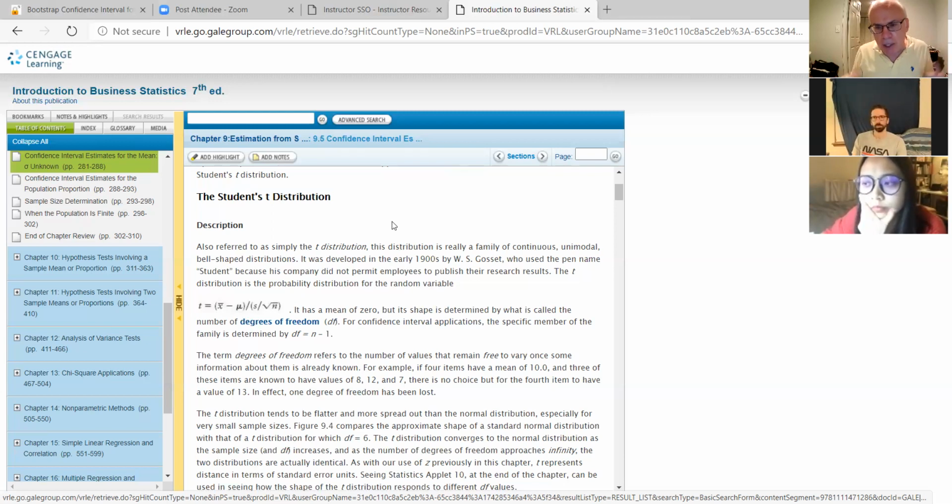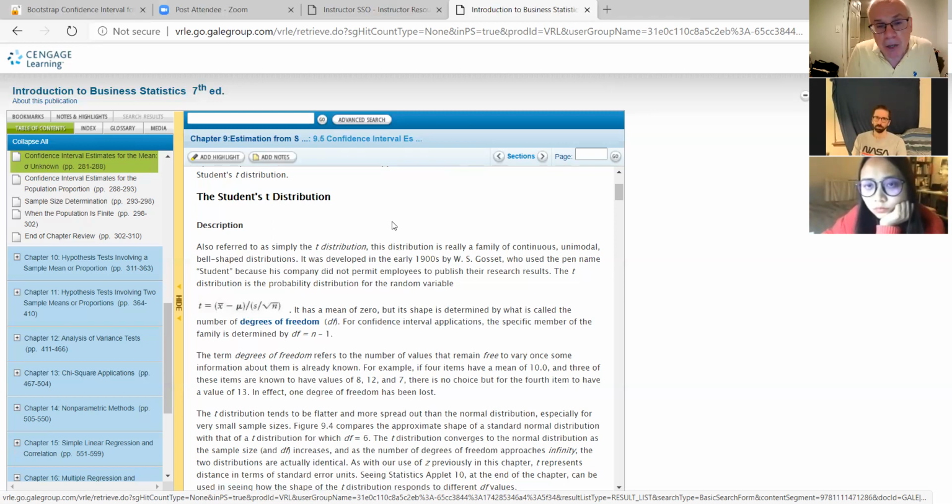And that's what the T is giving us. It's giving us more variability because the T value for a particular level of confidence is always going to be bigger than the Z.